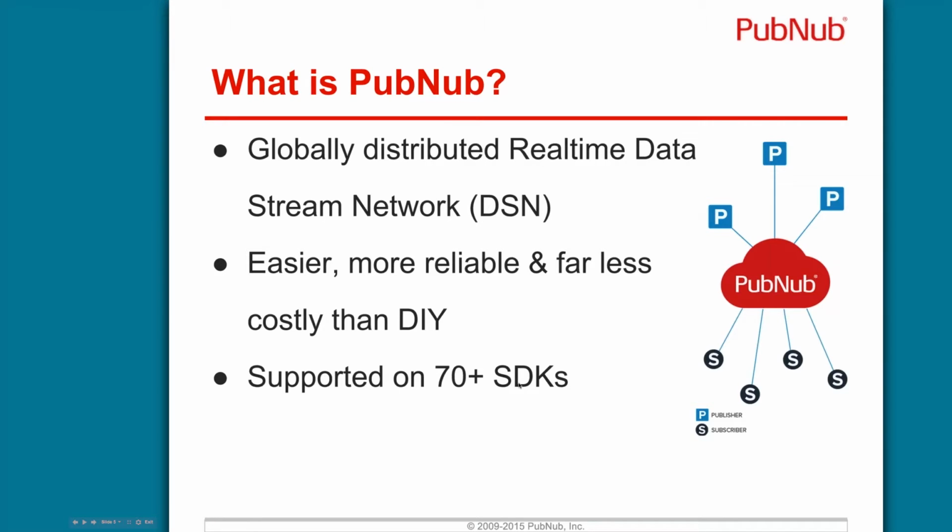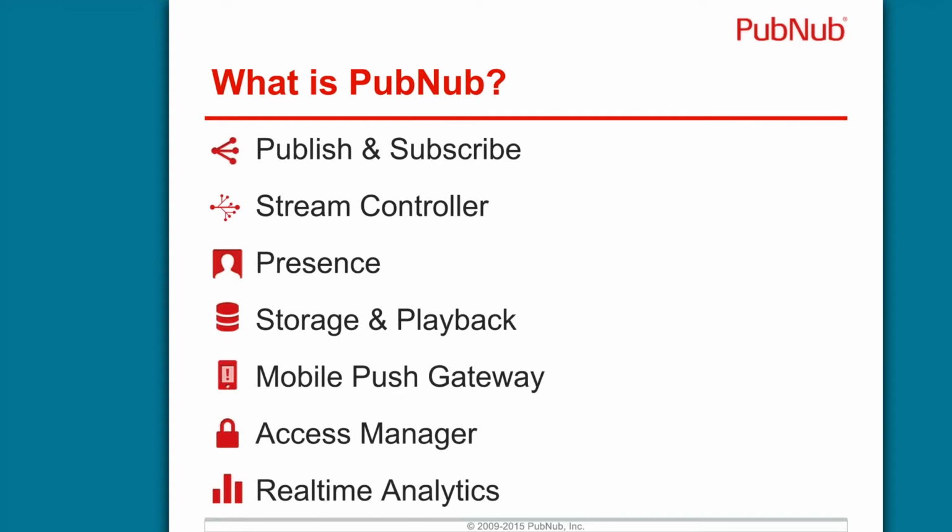All right, so here we go. What is PubNub? PubNub is a globally distributed real-time data stream network. It means we can move data from one location to another location, from a user-based application to an IoT device, and back and forth for a data stream network. We're easy to use. We're very, very reliable and far less costly than trying to create a globally distributed data stream network.